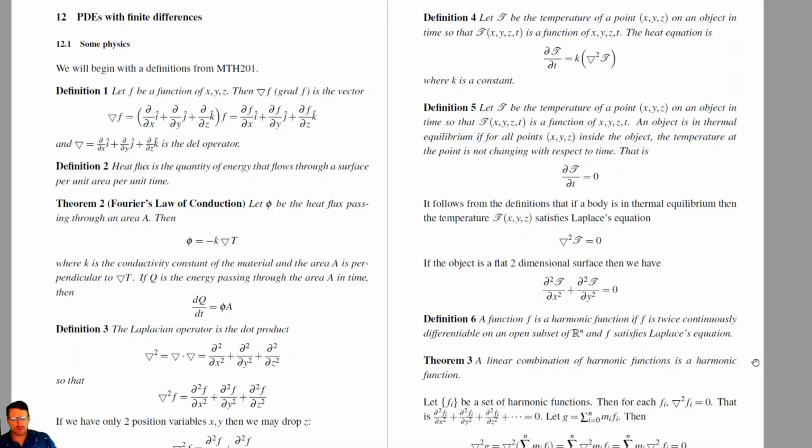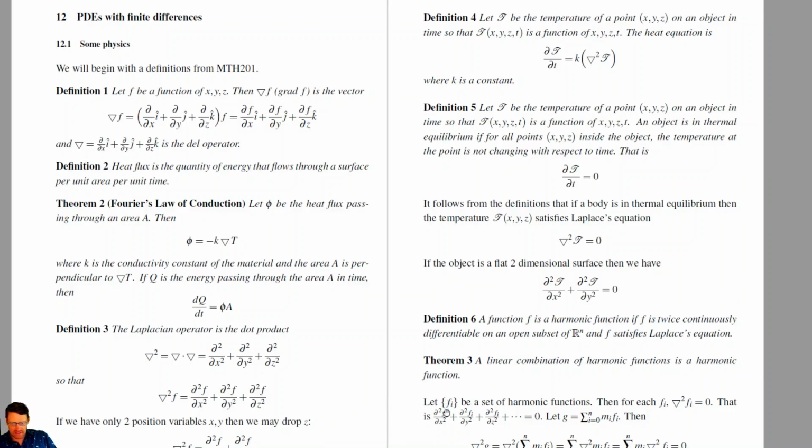A linear combination of harmonic functions is a harmonic function. So if I have one harmonic function, say f1, and another harmonic function, say f2, and I multiply f1 by some constant and f2 by some constant, and I add those two together, then the result will be another harmonic function. So you can imagine that there are infinitely many harmonic functions, so infinitely many solutions to Laplace's equation.